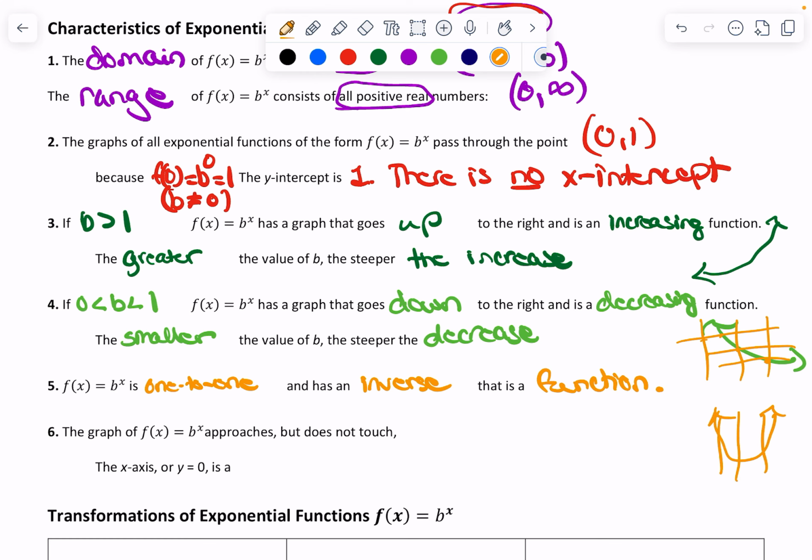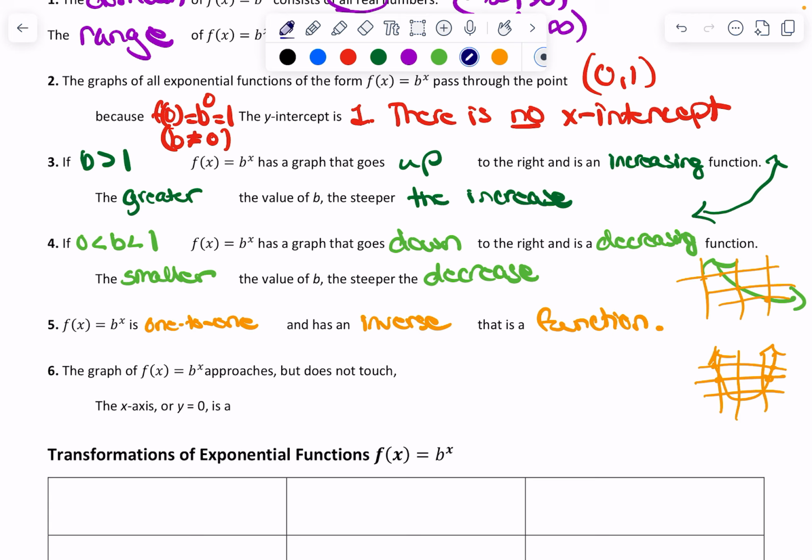It is a function, but its inverse is not a function because it doesn't pass the horizontal line test. It crosses the same horizontal line twice.